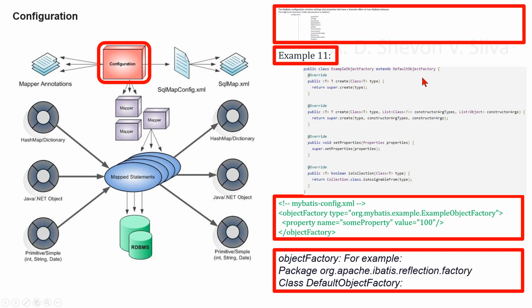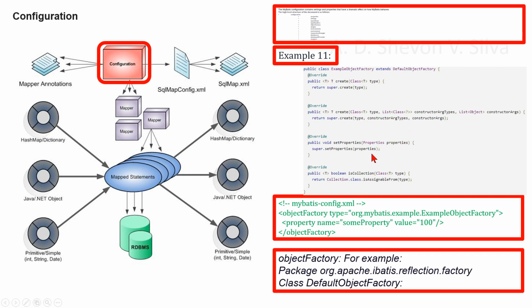If you want to override the default behavior of the object factory, you can create your own. The ObjectFactory interface is very simple. It contains two create methods, one to deal with the default constructor and the other to deal with the parameterized constructors.